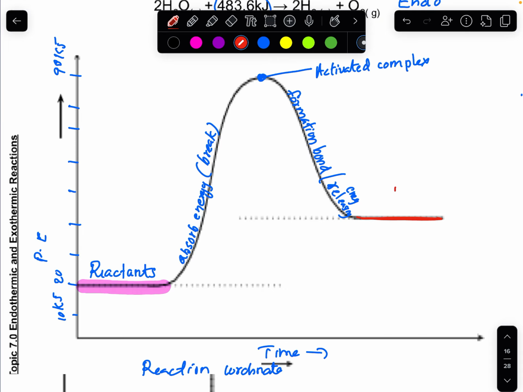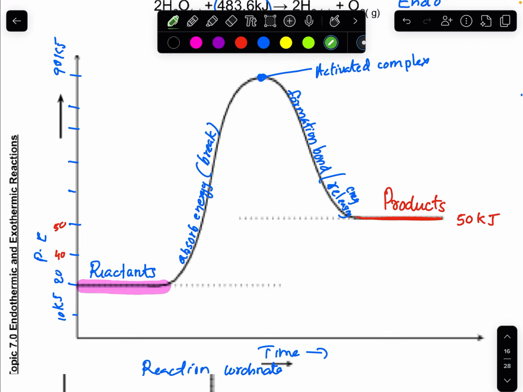Sorry, products here. So finally we will get products. That is the potential energy of products. If this is 20, this is 40, this is 50. I would say that is 50 kilojoule of energy.